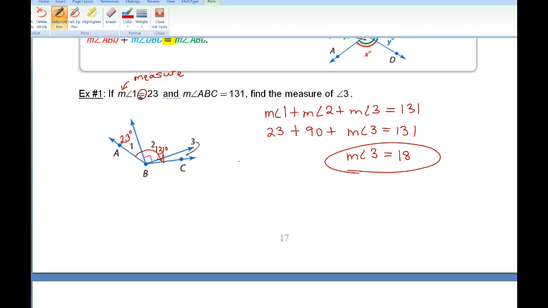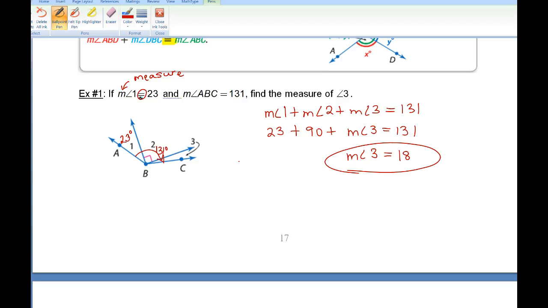That's fine. If you don't want to have to write measure of angle 3 and you want to use an x or a variable in there, that's fine. You're more than welcome to, you still have to just recognize that the measure, the little m and then the angle, you use that when you use an equal sign.